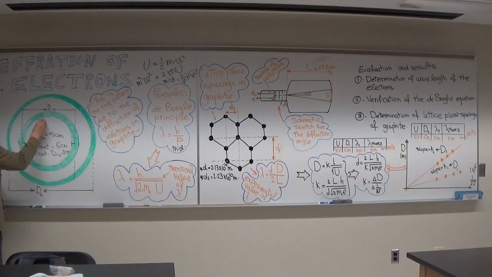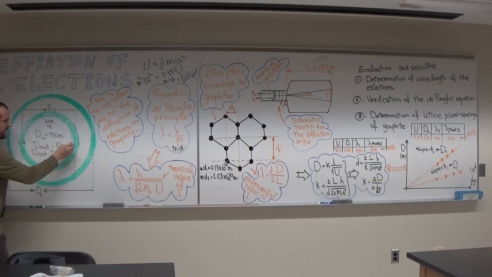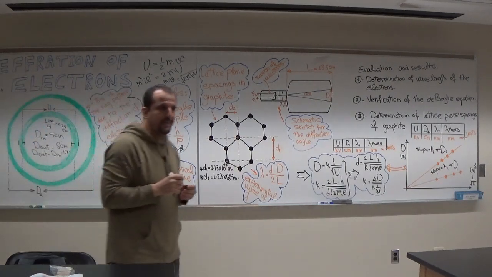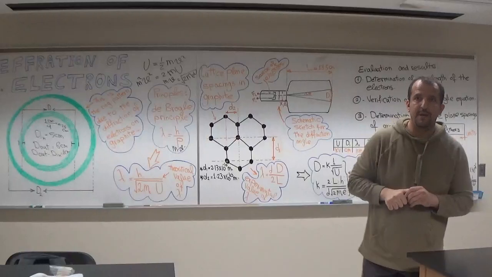So I need to divide 1 centimeter by 4, so that can give me this small distance here. Then I can add 0.25 centimeter to the left-hand side and the right-hand side of the inner diameter. Yeah, looks complicated, but you can do that, guys.